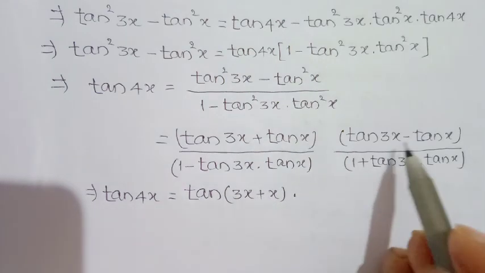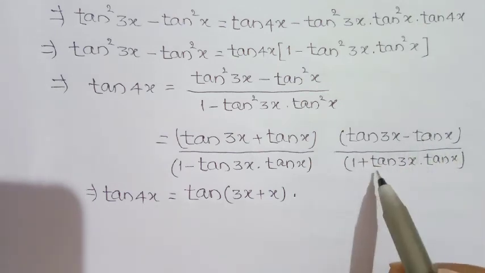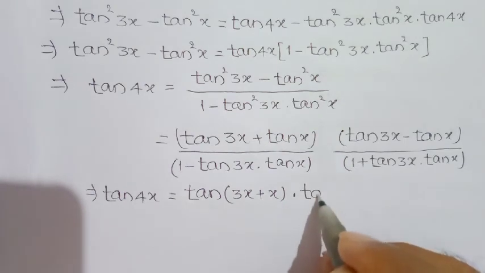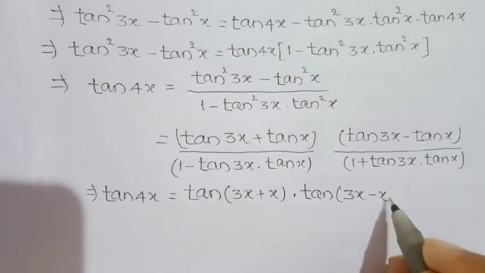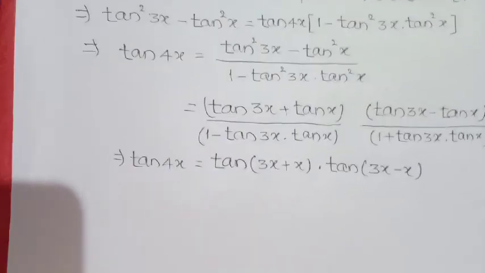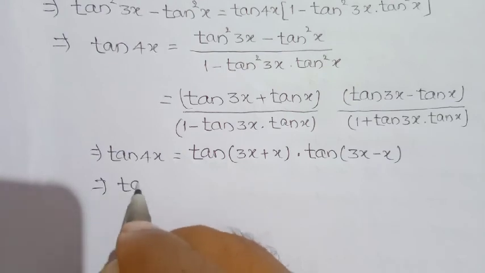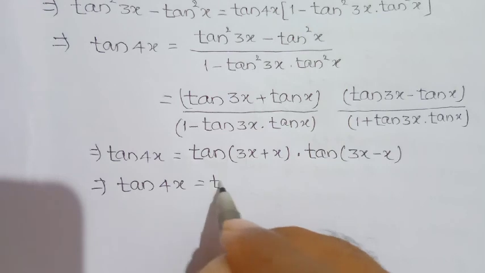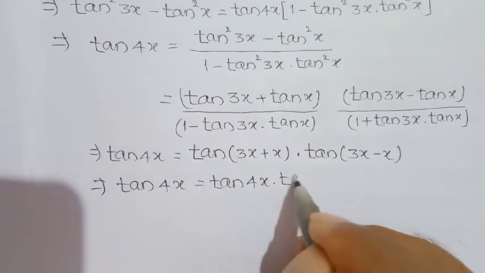Similarly, tan a minus tan b divided by 1 plus tan a into tan b is the formula for tan of a minus b, meaning 3x minus x. So tan 4x should now equal tan 4x into tan 2x.